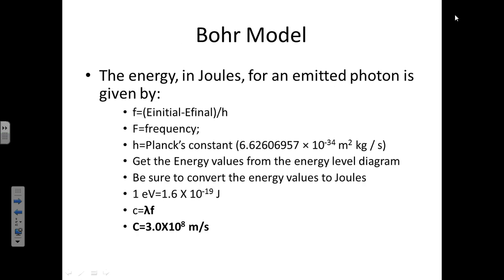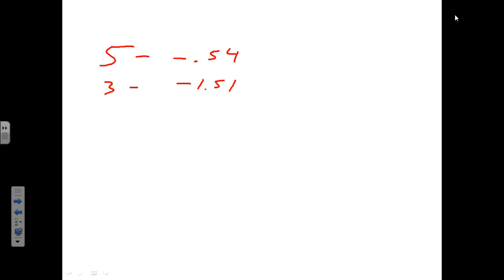All right, so again, to calculate the frequency, we're going to go the initial energy. We're starting in level 5. Minus the final energy, so it's minus a minus, so it's actually plus. And all that's divided by Planck's constant, which I've got written over there on the board. I'm just going to round it to 6.626.